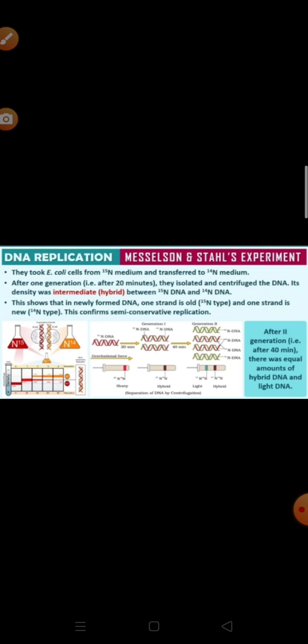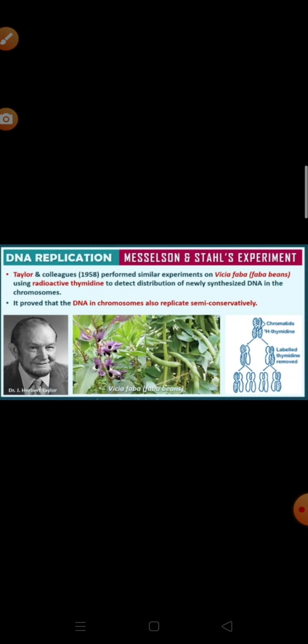Then they transferred the cells into a medium with normal ammonium chloride and took samples at various definite time intervals as the cells multiplied. The extracted DNAs were then centrifuged and measured to get their densities. The DNA extracted after one generation of transfer from the N15 medium to N14 medium showed an intermediate hybrid density.